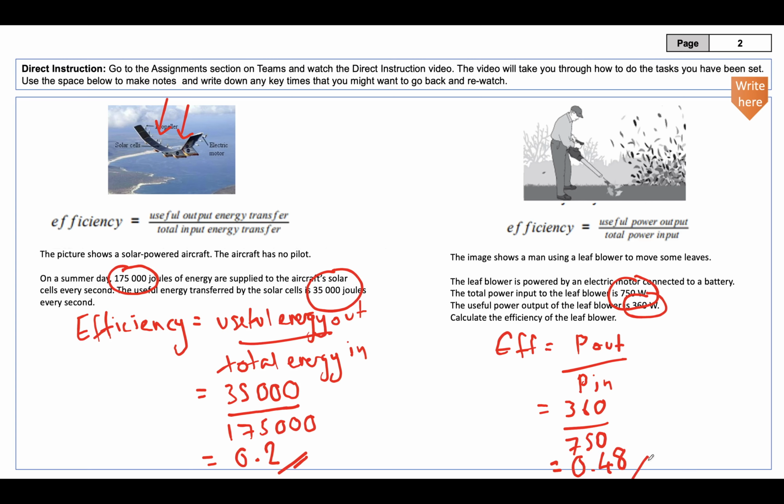You'll notice I haven't put a unit on either of these. It's literally just 0.48. There's no percentage sign, there's no watts, there's no joules. Because you're dividing watts by watts, it cancels out, so it's 0.48. Again, you could multiply it by 100 to give you 48%, but you don't need to do that. You'll get the mark, but it's best to leave it like this.